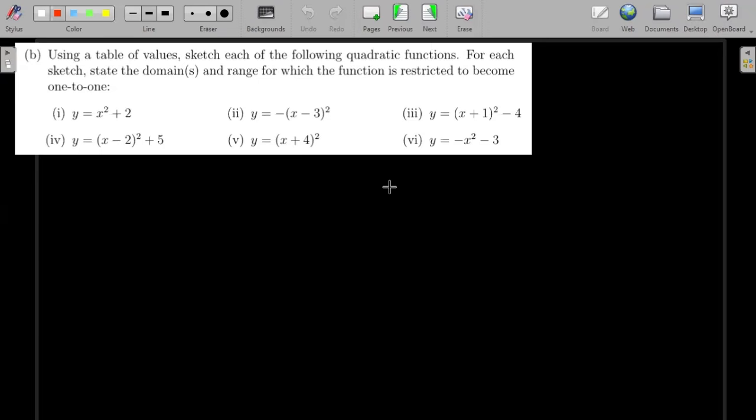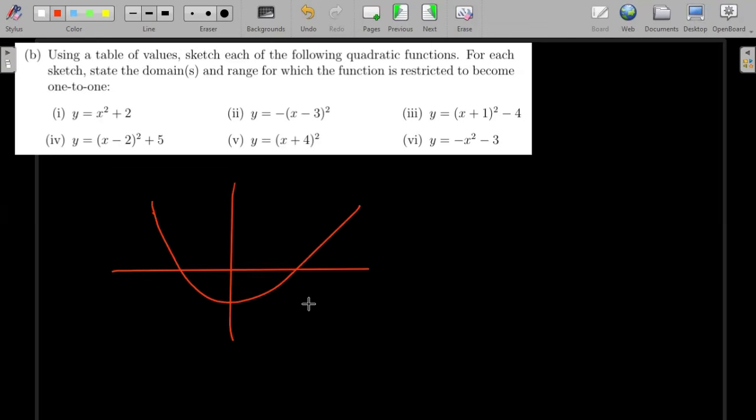It just gives a rough sketch, because we don't know the exact point where the graph will be touching. For example, if I draw something like this, and then I draw a quadratic function like that. If you're using the completing the square method, you only have to find this point, this point, this point, and then you connect them with a smooth curve like that. So it's not accurate because you do not know exactly the points where you are plotting.